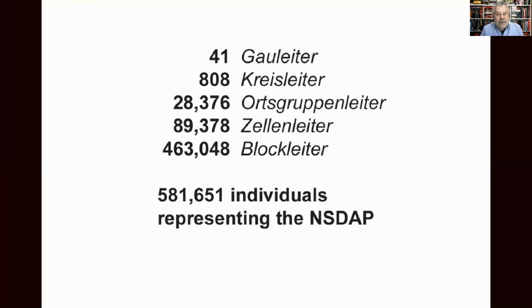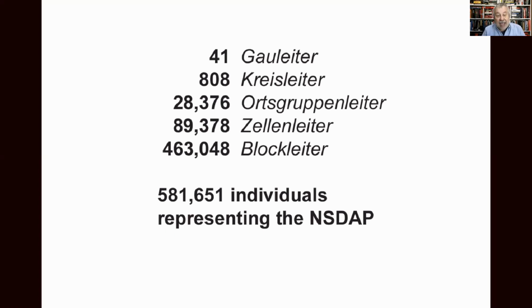So 41 Gauleiters. Then you have 808 Kreis, and each one, of course, has its own Kreisleiter. So the Gauleiters supervise the Kreisleiters.